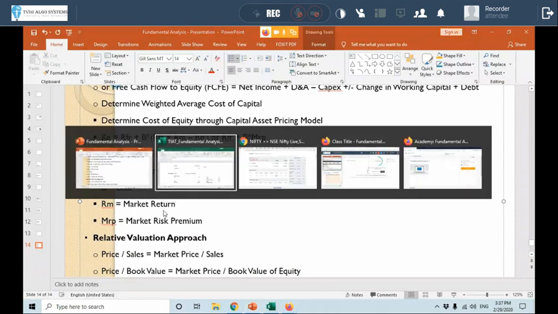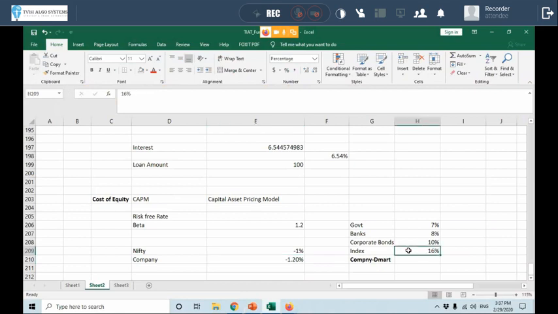So in simple terms, if Nifty has given you 16% returns, you want at least 19% returns. I'm just explaining in very simple language. When you actually do it, there are other components as well, which I'm not taking right now, but minimum this is your expectation.